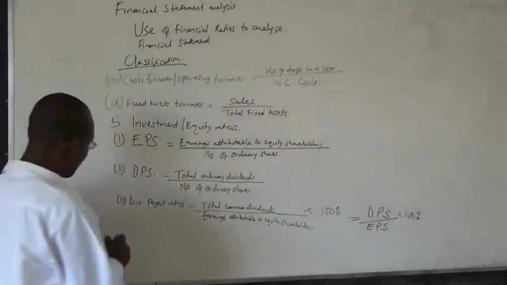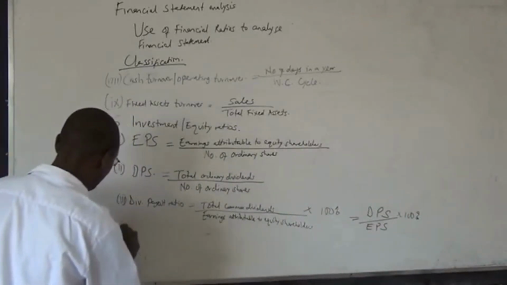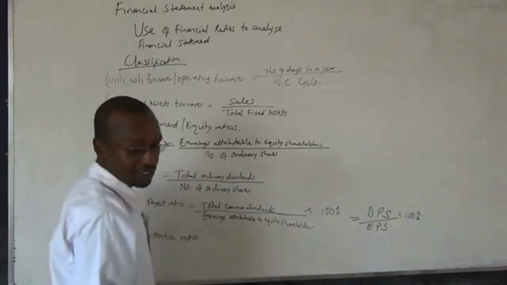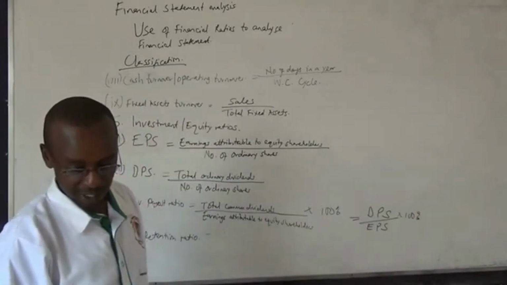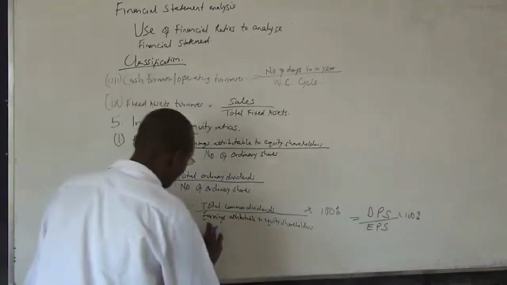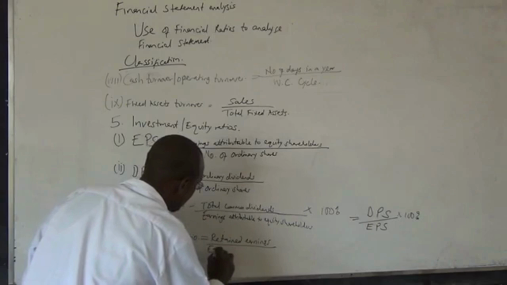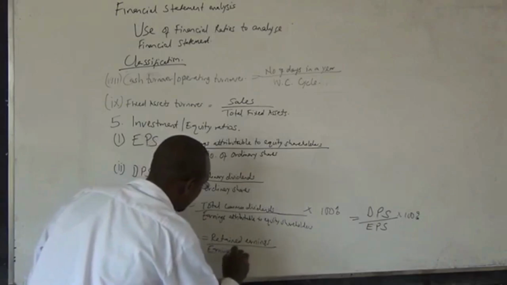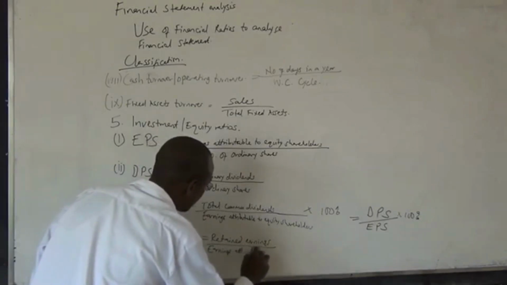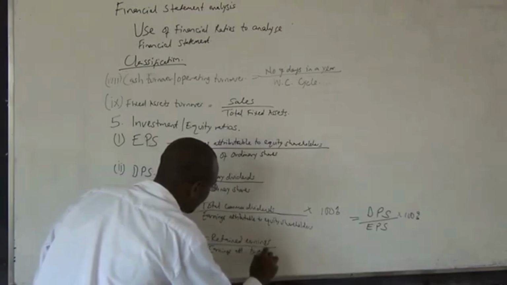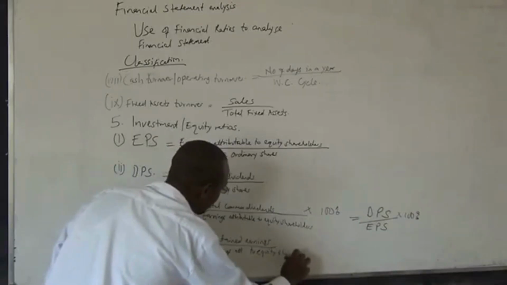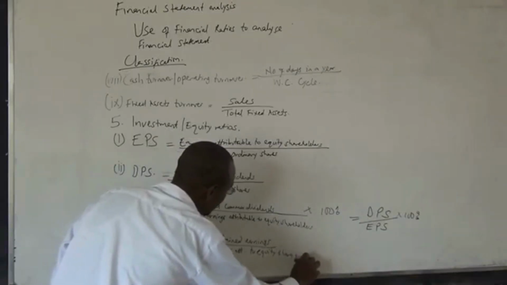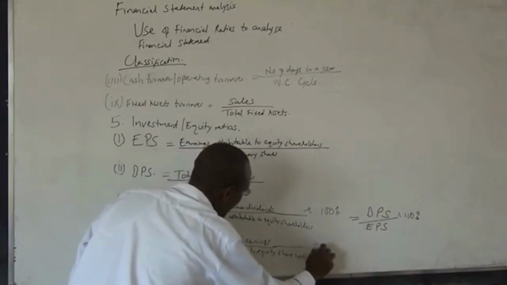Then, dividend retention ratio. Dividend retention ratio is given by retained earnings over earnings attributable to equity shareholders, multiplied by 100%.